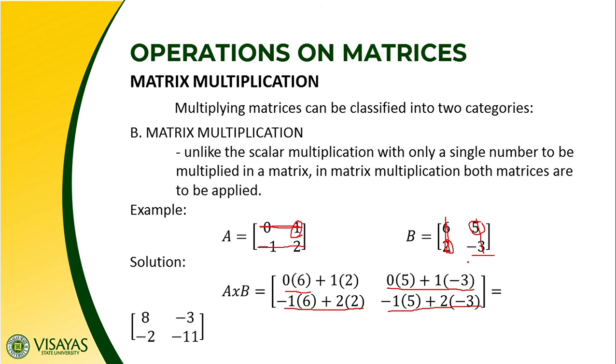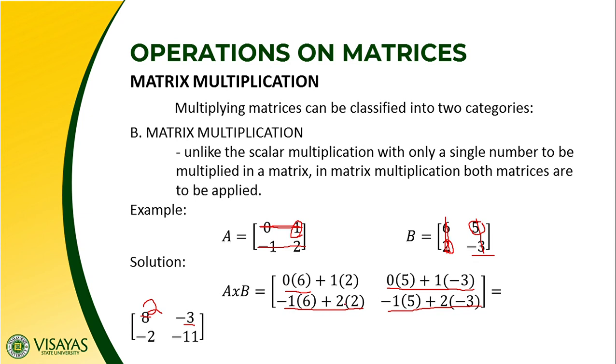And then what you need to do is to simplify. We have 0 plus 6 plus 1 times 2. This becomes 0. And 0 plus 2 is, this is a typo error. This should be positive 2. We also have here 0 times 5 is 0. And 1 times negative 3 is negative 3. Next we have negative 1 times 6 is negative 6.